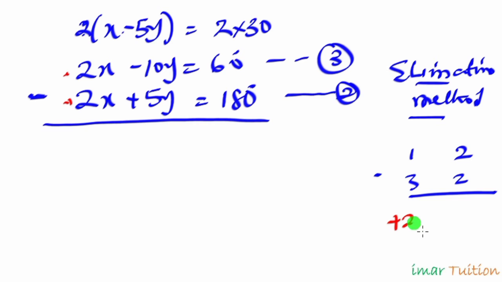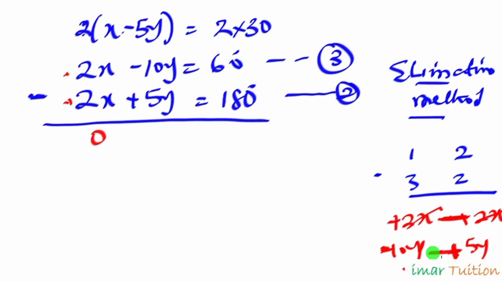So we have plus 2x minus plus 2x, and 2x minus 2x will give you 0. The next one, minus 10y minus plus 5y. Minus 10y minus 5y will give you minus 15y.